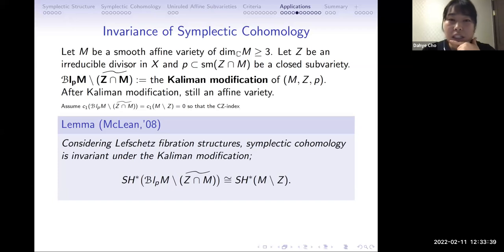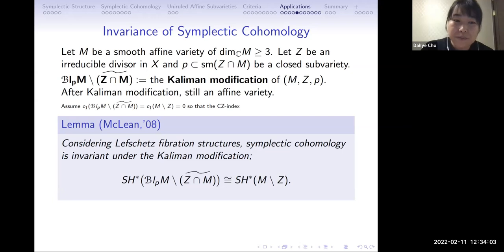Amazingly, this gives us another affine variety, and an interesting result of McLean is that symplectic cohomology does not change. So if it changes cohomology, then we get a uniruled subvariety.